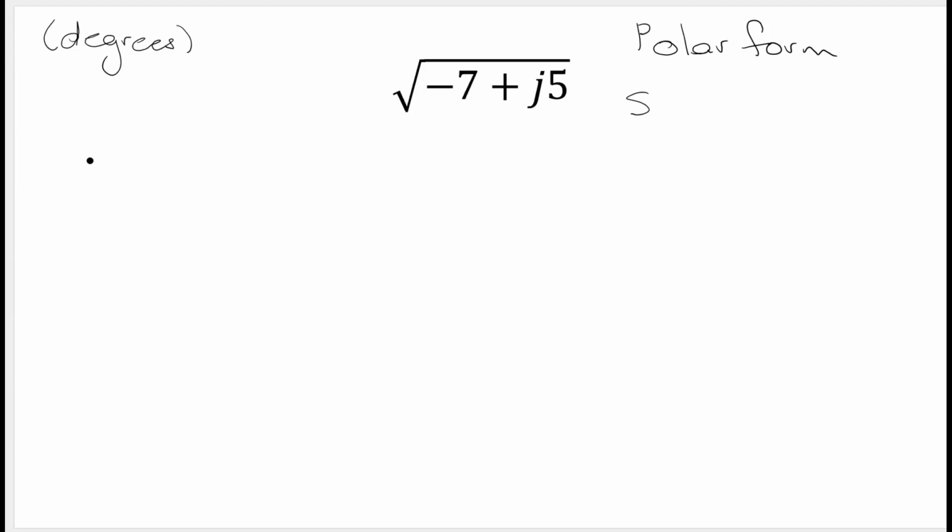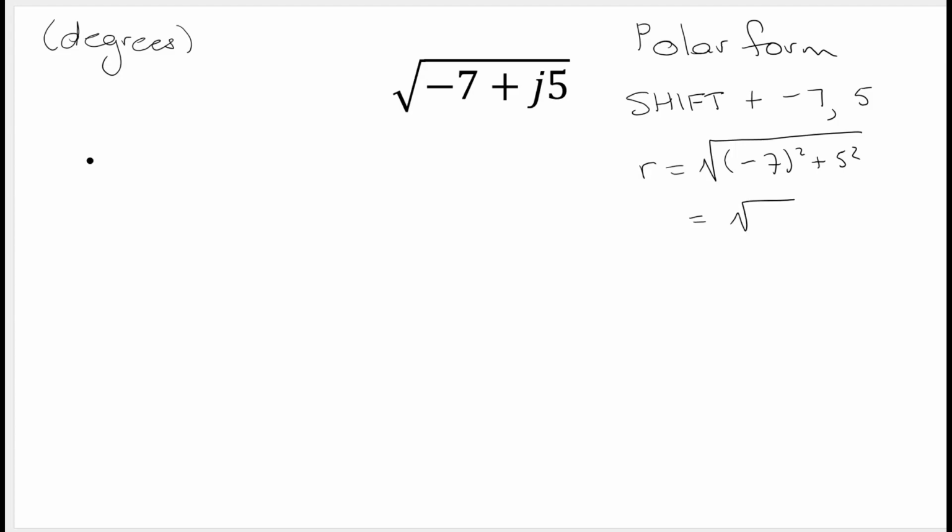So it would be shift the plus sign, then negative 7, 5. I don't want you to write the decimal version of the modulus value. I would actually like you to find that. So that's negative 7 squared plus 5 squared, which is 74.